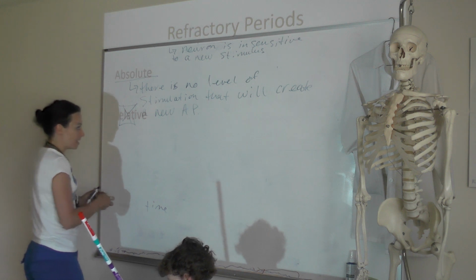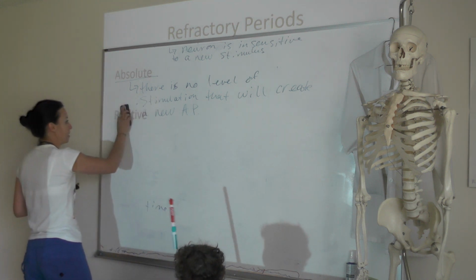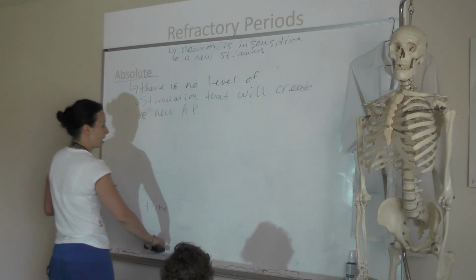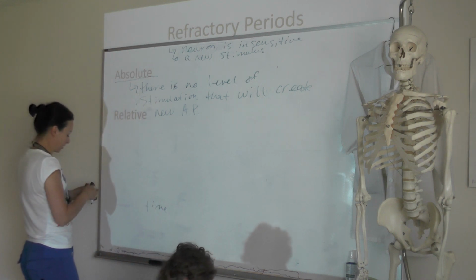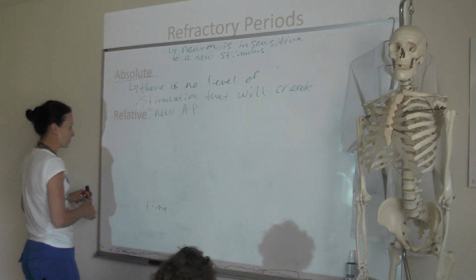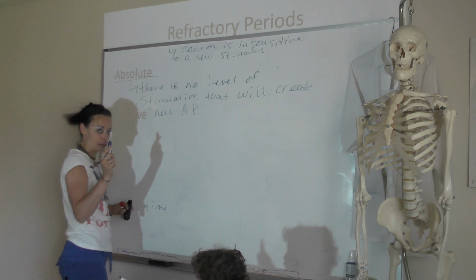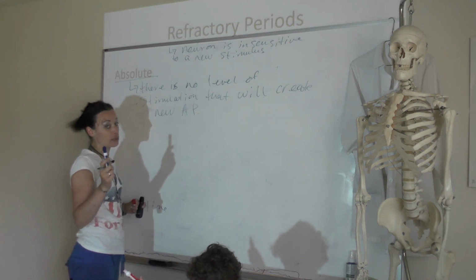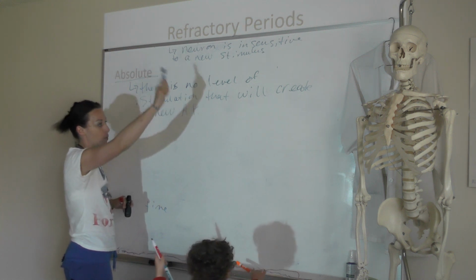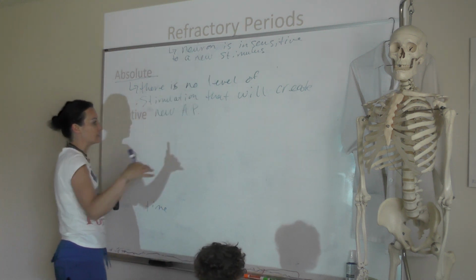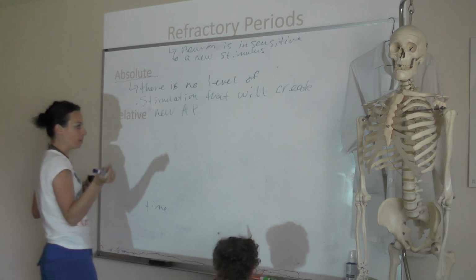Then we have another type of refractory period, a relative refractory period. And I'm going to write this one in a different color. So our relative refractory period, during this time, you can start another action potential, but you have to have a stronger stimulus. You have to want it more. So you walk into the kitchen and smell those cookies as opposed to just a faint whiff like going by.